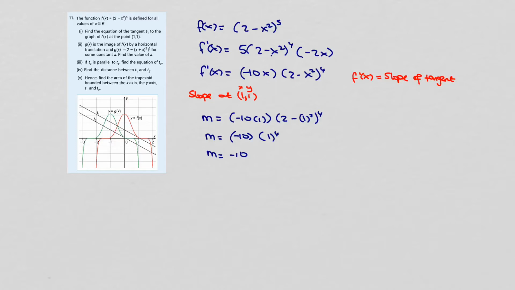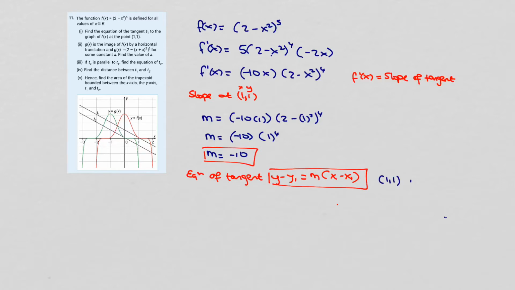Now I know what my slope is, I need the equation of the tangent. Before I can find it, I need the formula, which is y minus y1 equals m times x minus x1. Our point is 1, 1, and the slope is minus 10, so that's x1 and y1 that we are going to sub in.